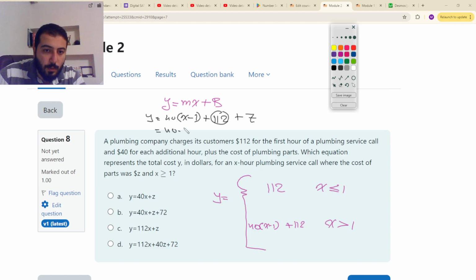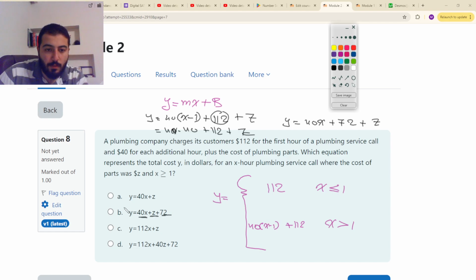So 40x minus 40 plus 112 plus Z. Negative 40 plus 112 is 72, so it should be y equals 40x plus 72 plus Z. That's it: 40x plus Z plus 72.